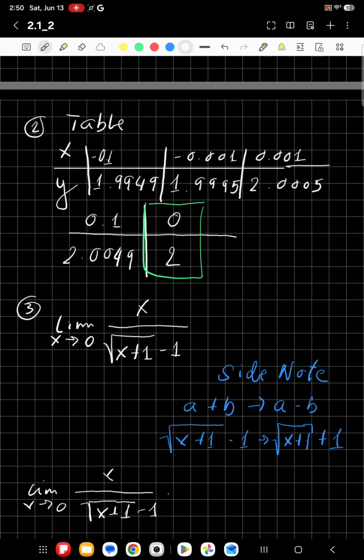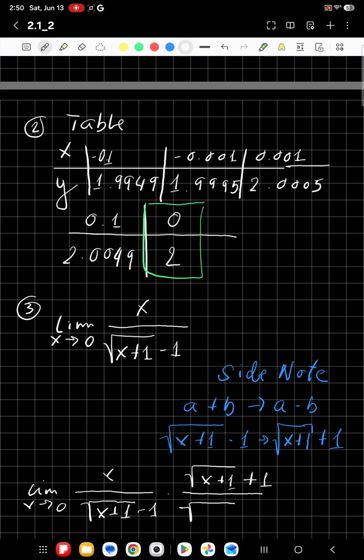So now we're multiplying both the denominator and numerator by that conjugate. So that's going to be the square root of x plus 1, minus 1, well, plus 1, if we want the conjugate. And then at the bottom, same thing.